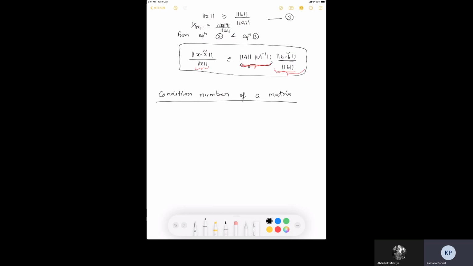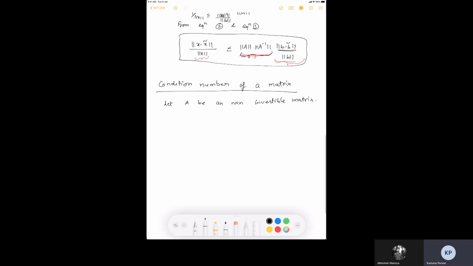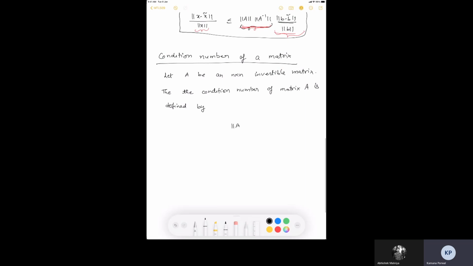Suppose I have an n by n invertible matrix A. Then the condition number of the matrix A is defined by this product, that is, norm of A into norm of A inverse.